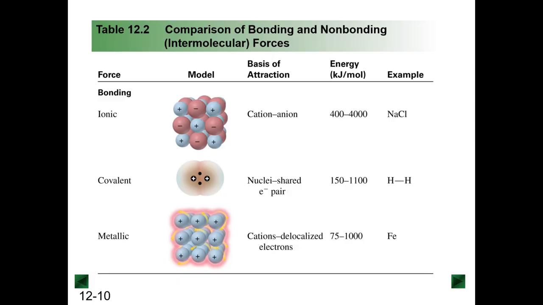So these are also very strong bonds, comparable to covalent and ionic bonds. 75 to 1,000 kilojoules per mole. For example, in metals and in alloys, these are the forces that are operative. They're very large numbers. So these are the intramolecular forces, the forces within a compound or material.